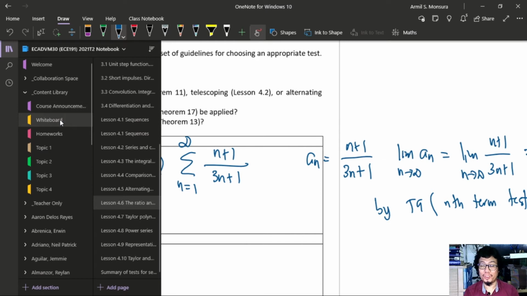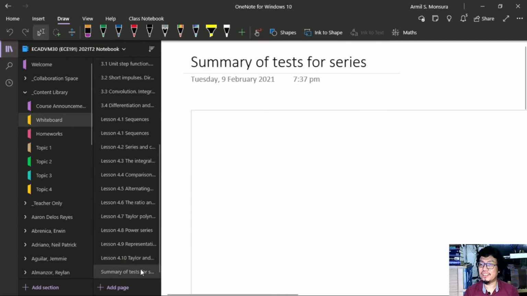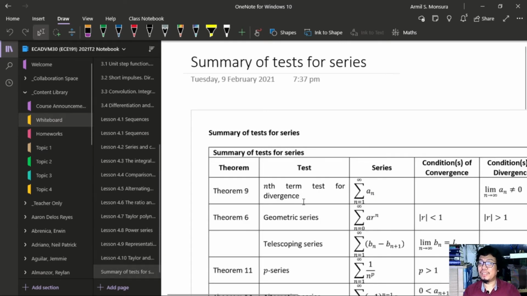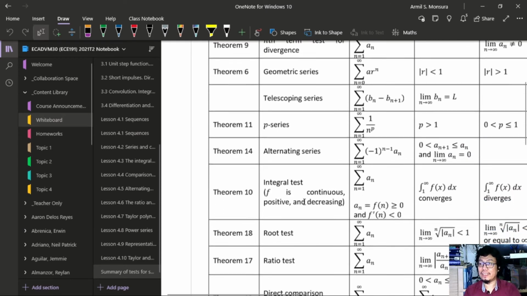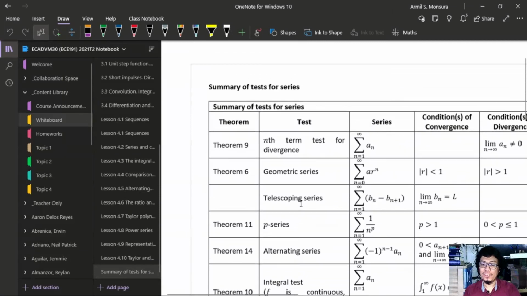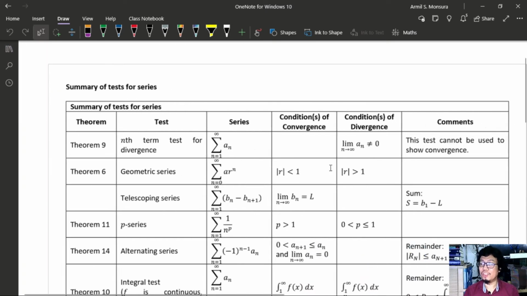Under this whiteboard also, I have a summary, a table of tests. So as we work along in these examples, I would like you to look back into these notes and verify the conditions, or the requirements, of each of the tests.